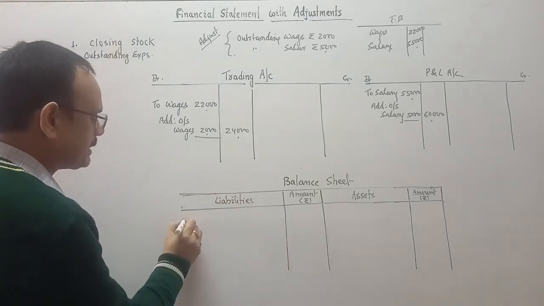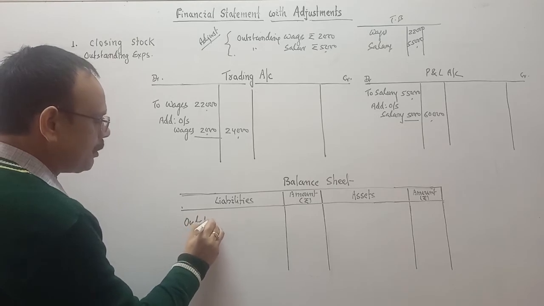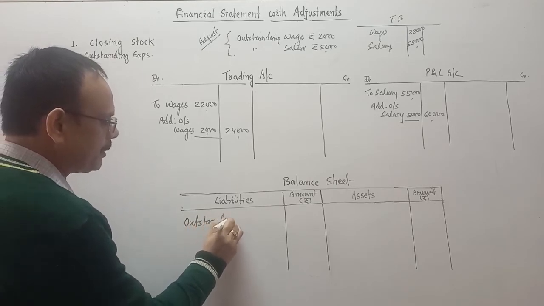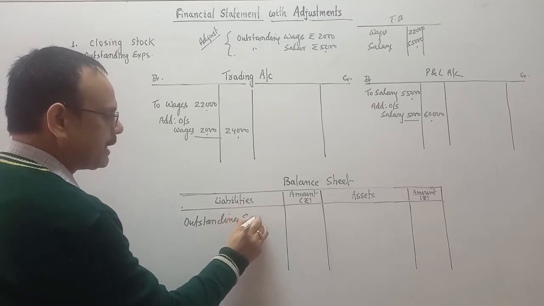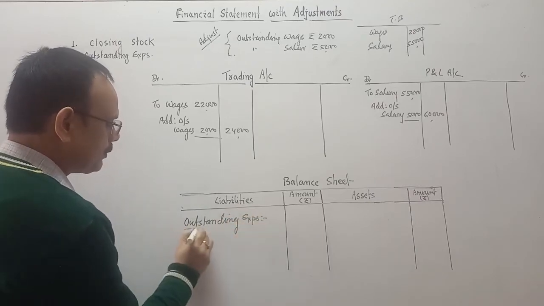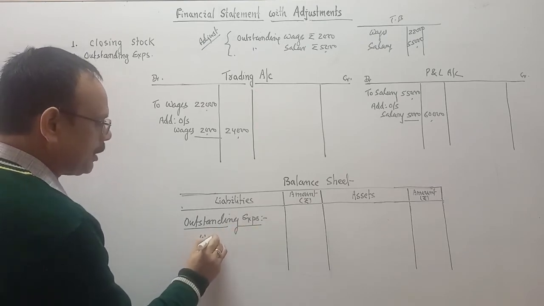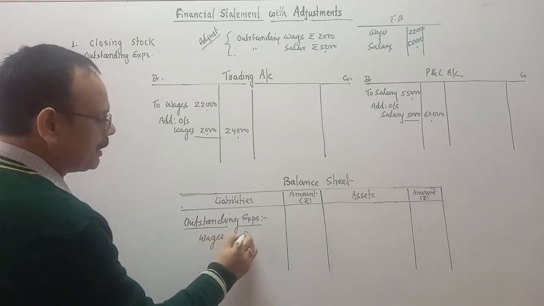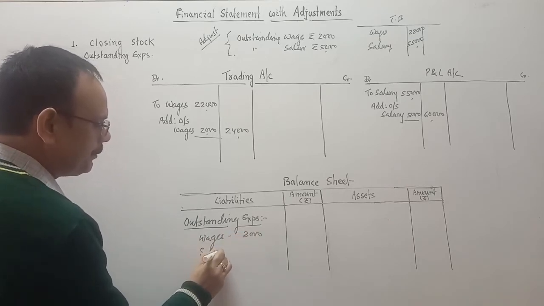Both outstanding salary and outstanding wages will be shown on the liability side because they are due but not paid. So it comes under the heading outstanding expenses: outstanding wages 2,000 and outstanding salary 5,000.